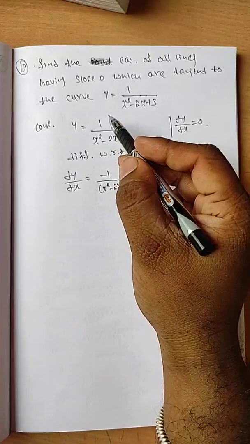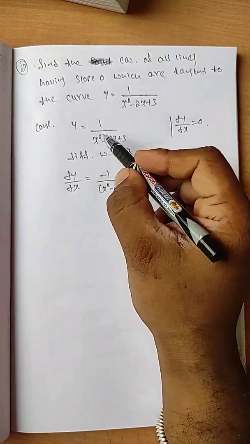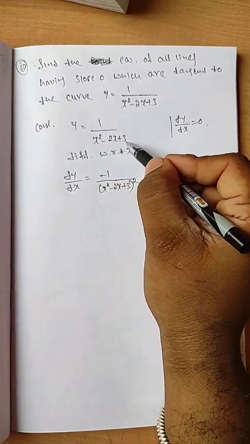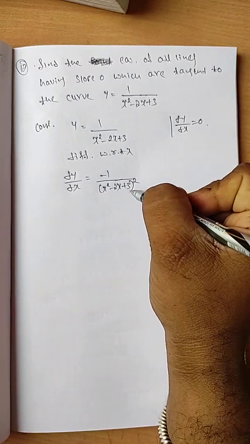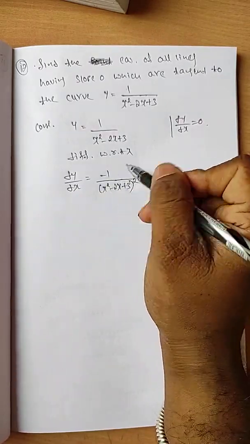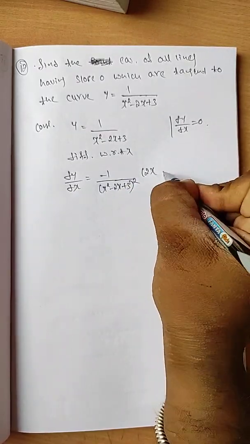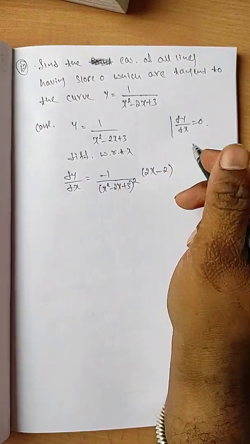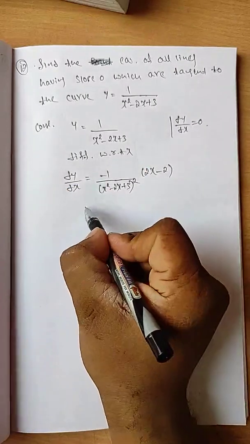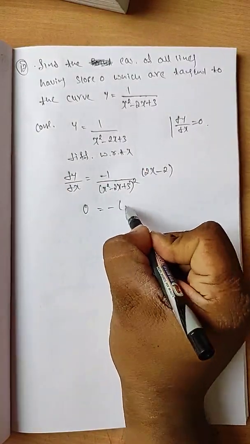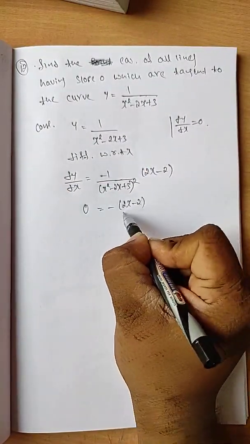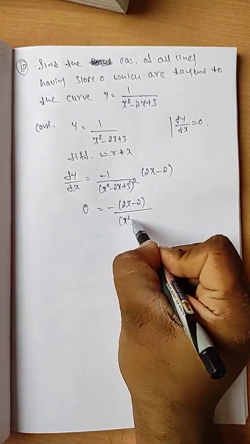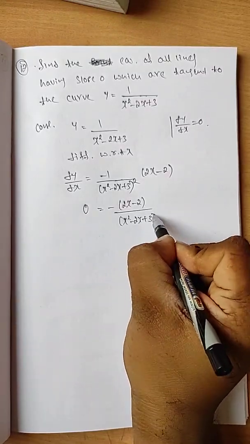We know the differentiation of 1 by x is minus 1 by x square. Again, differentiation of x square is 2x, differentiation of minus 2x is minus 2, and the differentiation of a constant is 0. Now dy by dx is 0, so 0 is equal to minus (2x minus 2) by x square minus 2x plus 3 whole square.